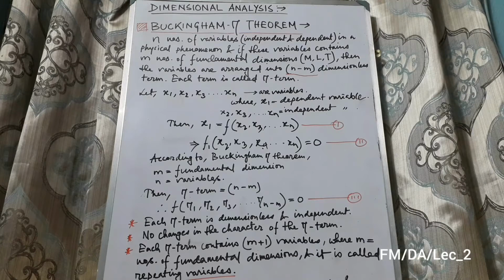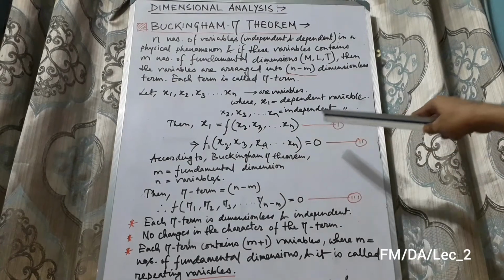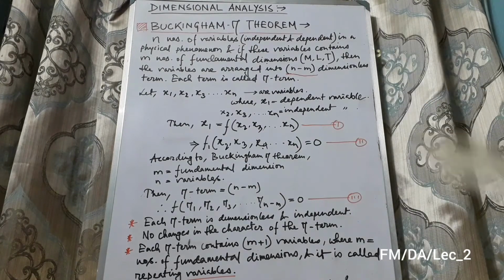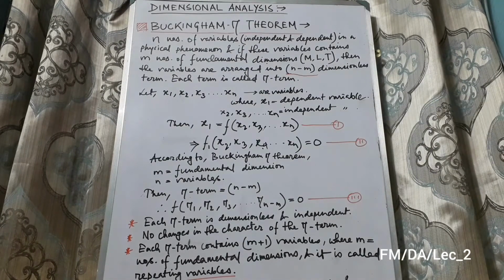Then x1 is a function of x2, x3, x4 ... xn. Then we can write x1 equals function of x2, x3, x4 ... xn. This is equation number 1, and we can write the same equation in this form also. That is equation number 2.